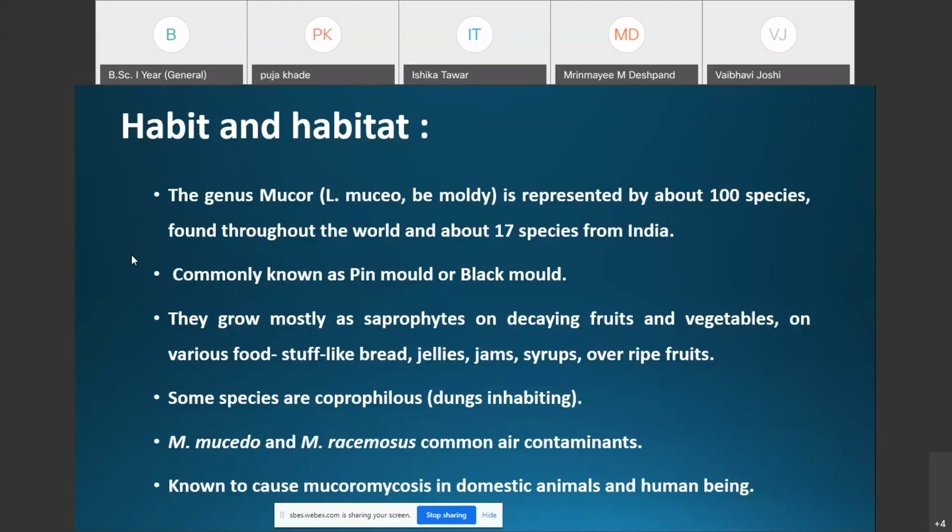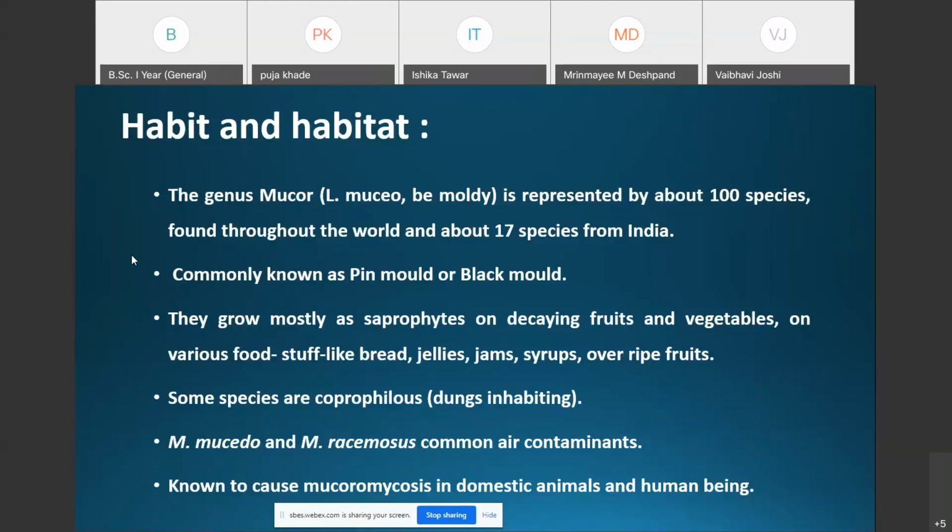Most of the species of Mucor are saprophytic and are present on a variety of materials, including foodstuffs. In damp conditions they generally spoil organic materials such as bread, jams, jellies, syrups, and overripe fruits.